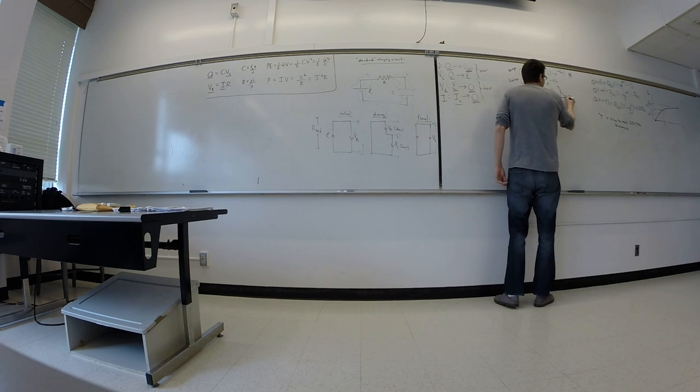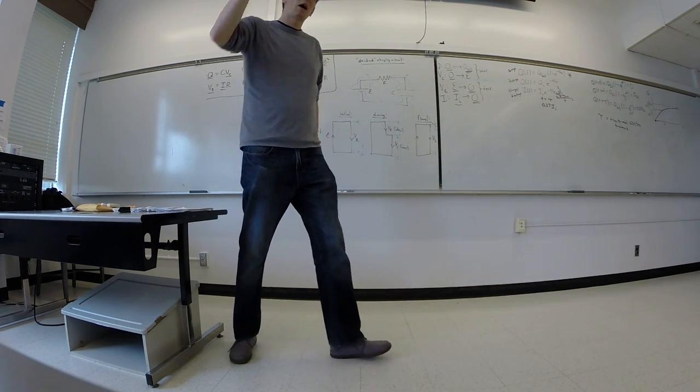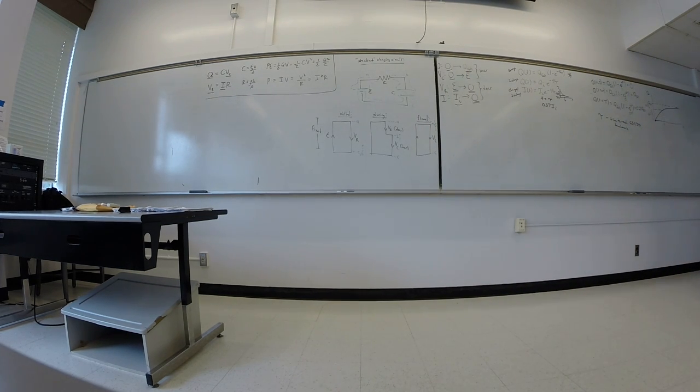So at t equals tau, you have lost 63%, and you only have 37% left. Of course, now that we're not dropping but increasing the value, we're talking about increasing up to 63% with 37% left to go. Okay?